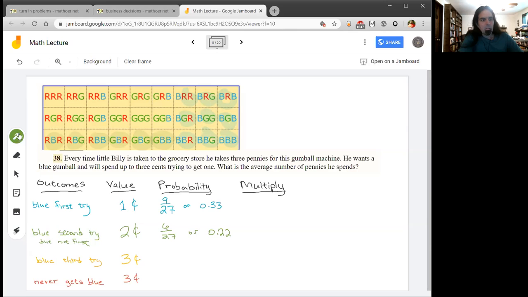How many ways could you get a blue only on the third try? So again, what I'm really thinking is but not first or second. So that would be that one, and that one, and that one, and that one.